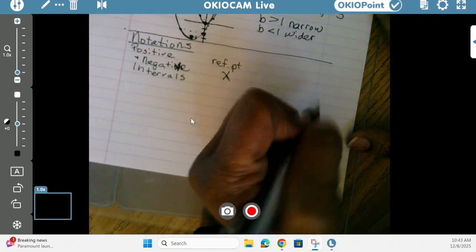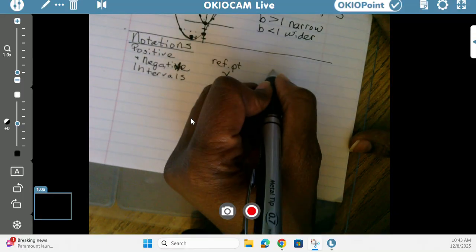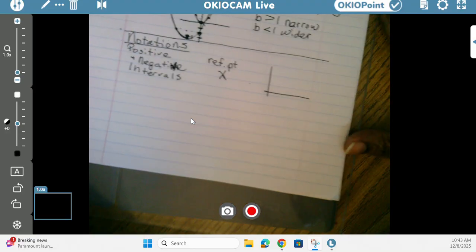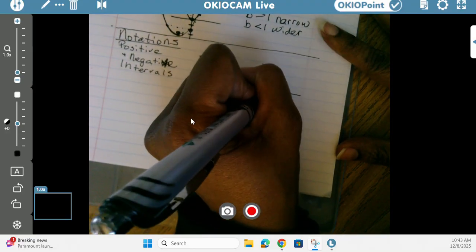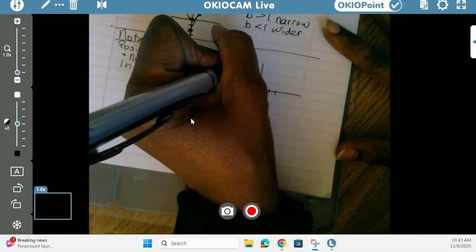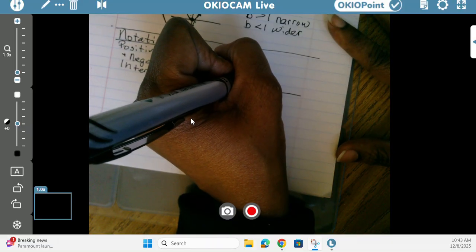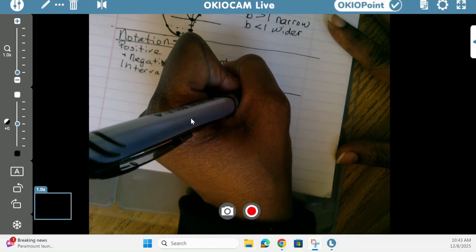Alright, so here's the graph. I'm going to try to make it very clear to you. This graph is a little bird. The bird is coming down into the water.